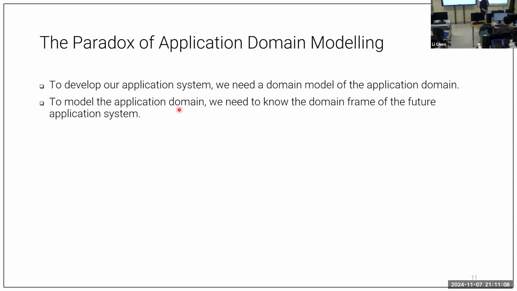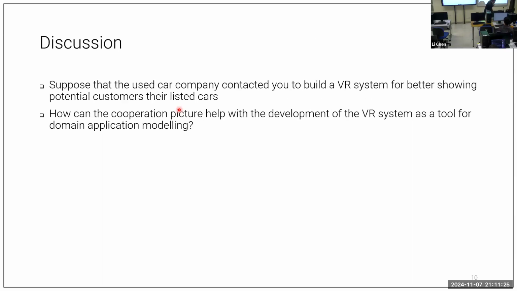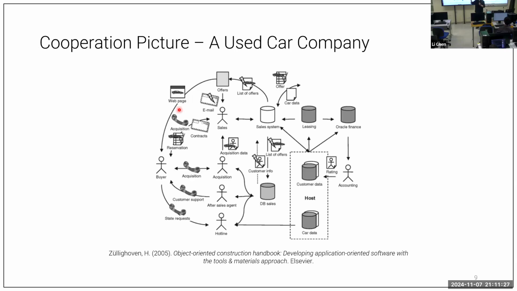To develop our application system, we need a domain model of the application domain, right? To model the application domain, we need to know the application frame of the future application system. So there is always a paradox here, right? If you look at this picture, this is the cooperation picture before we introduce any VR systems, right?